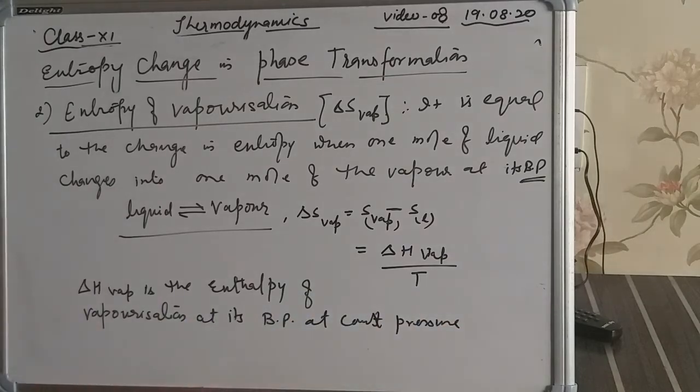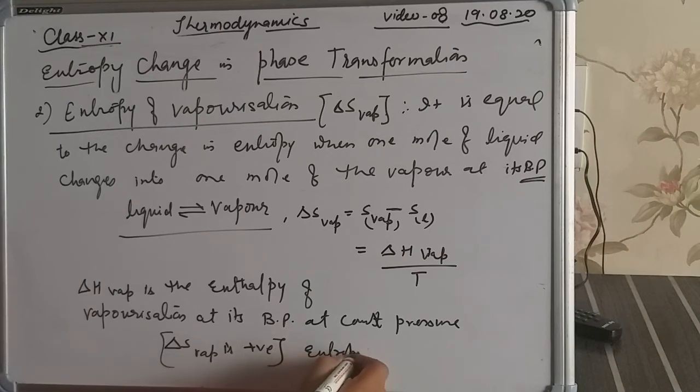So delta S vaporization is also positive, meaning entropy also increases.